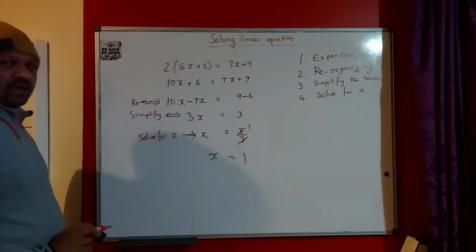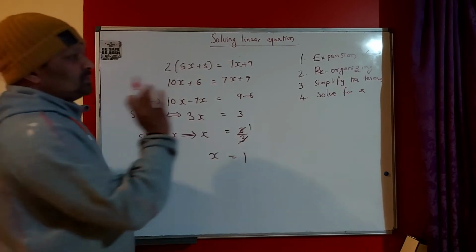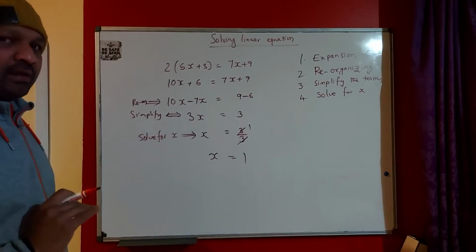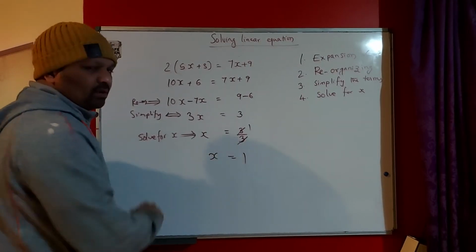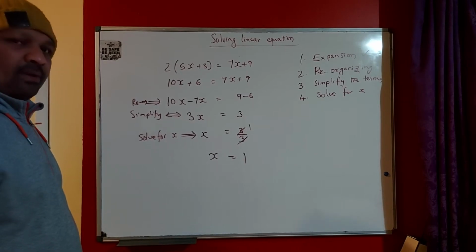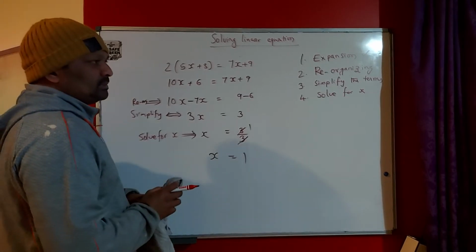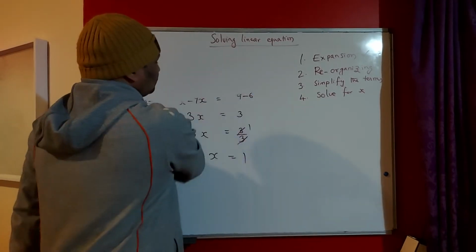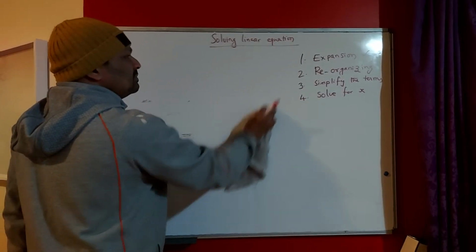So these are the steps that you can remember and apply to any linear equation. You will get the value of the unknown variable. I am going to give another example, and we will follow the same 4 steps.